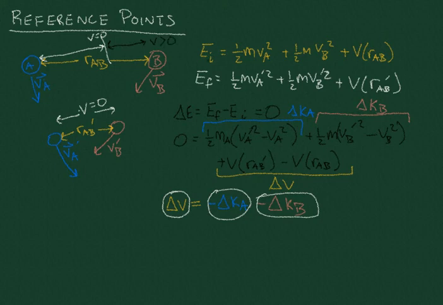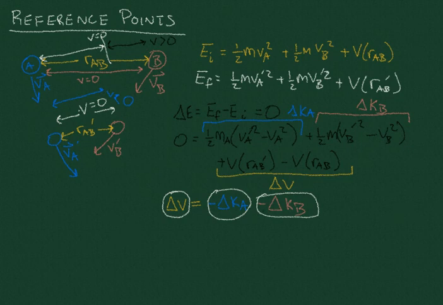Similarly, we could have instead said that we want to set this distance to have potential energy equal to 0. Then for this distance, the potential energy is going to be less than 0, because the potential energy is less when they're closer together than when they're further away. So if we're using this as our reference point to be 0, then we're going to have a negative potential energy.